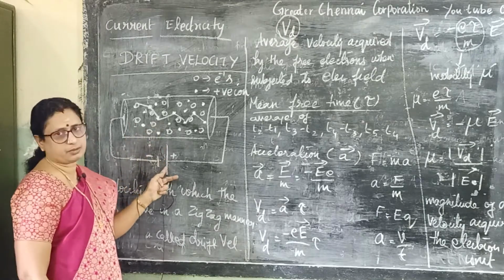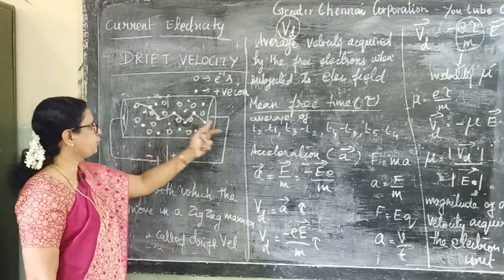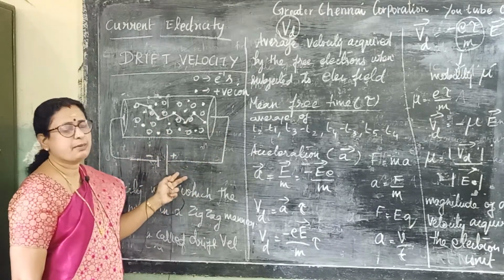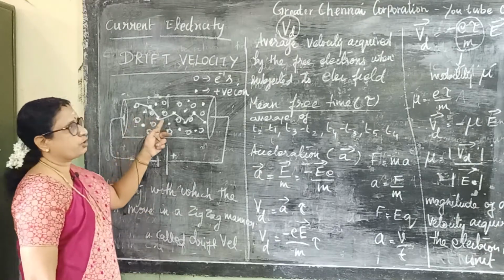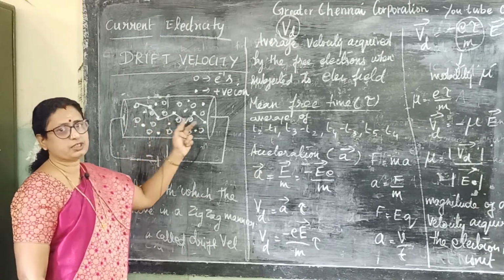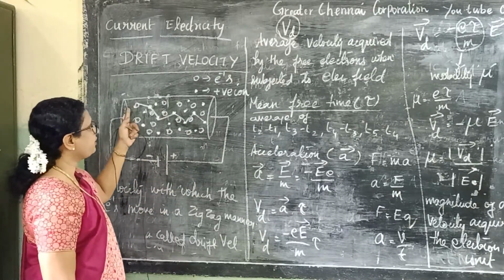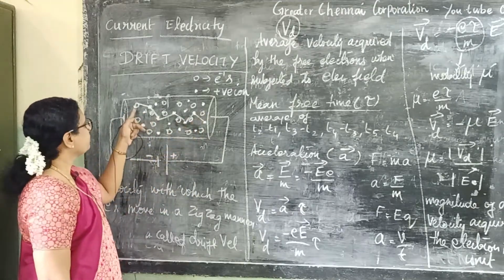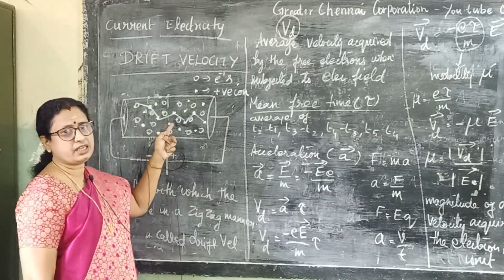Once we connect the external potential difference, these electrons will drift towards the positive terminal of the battery. While doing so, each electron will be accelerated towards the positive end of the battery, and when they move from the left end to the right end, they will collide with the positive ions present in the conductor.